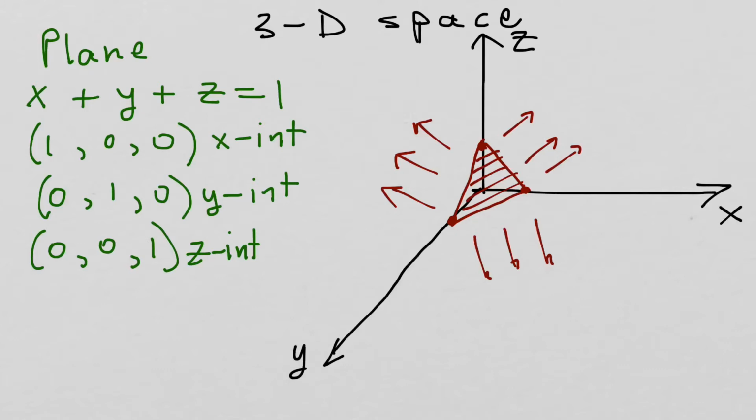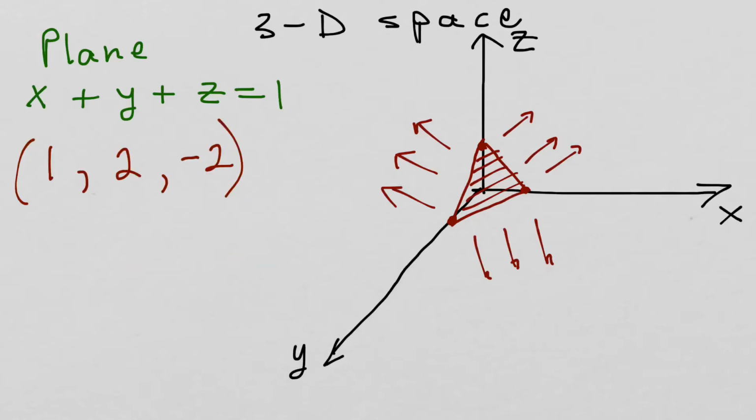Now, if I wanted to plot another point on that, let's pick a point. The reason I know this point is on my plane is that if I plugged 1 here, 2 here, and -2 here, I'd get 1 plus 2 is 3, 3 plus -2 is 1, and that would satisfy my equation, so therefore I know this point lies on the plane.